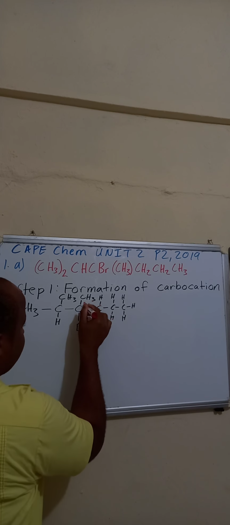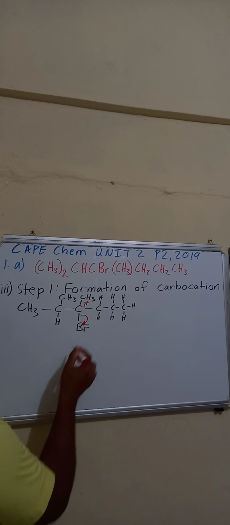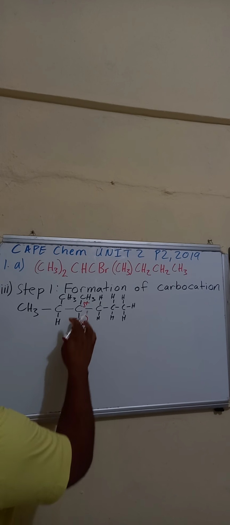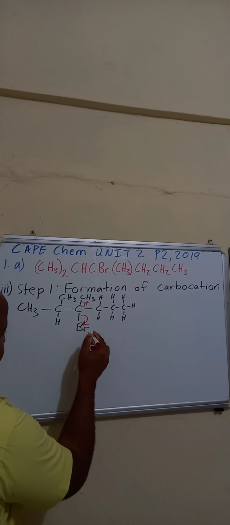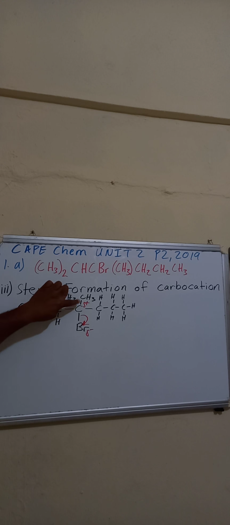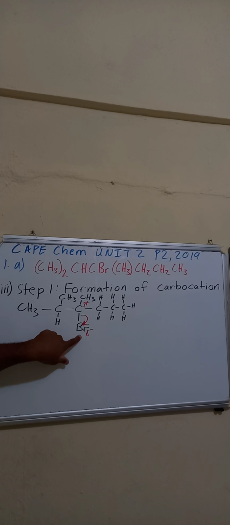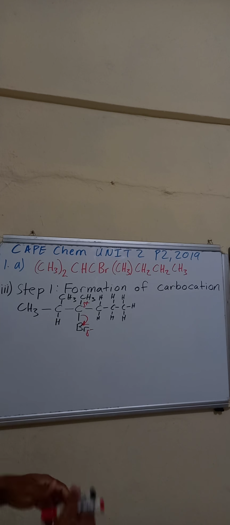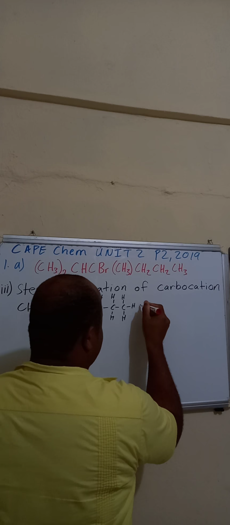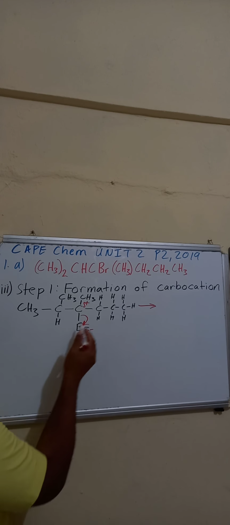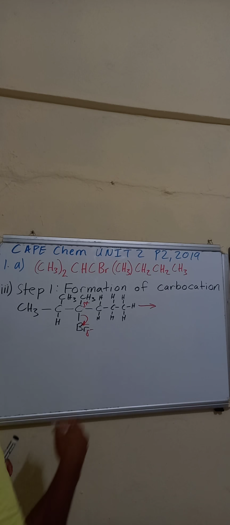So the carbon has a slightly positive charge and the bromine has a slightly negative charge. Once you have a polar bond, it will break heterolytically. I'm just going to draw these 3 carbons.